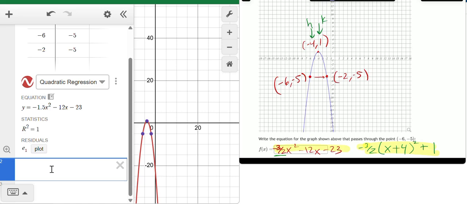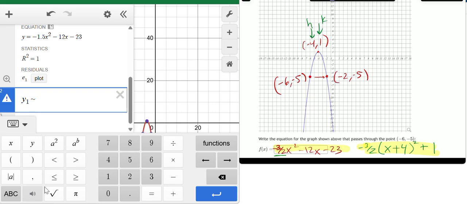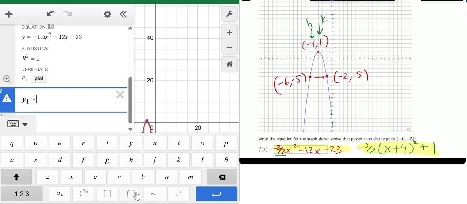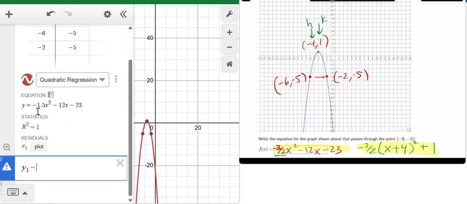Okay, so if I want vertex form, if I want it to just show me what my answer is in vertex form, I can use the code, and the code is using y1, y sub 1, and using this button that's the similar to button. So if you don't have a keyboard when you're typing this in, you can pull up the Desmos keyboard and go into the alphabet keys, and it's right down here on the bottom line. So you can use that similar to button.